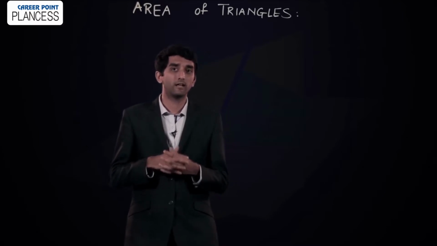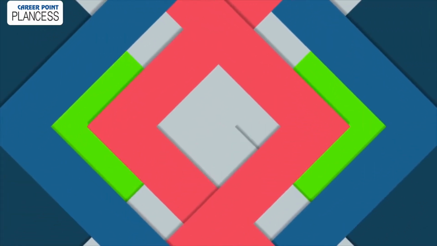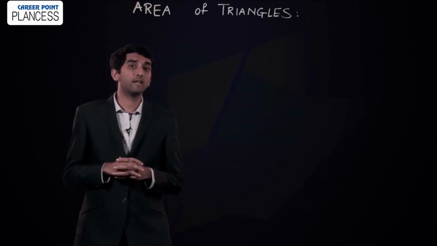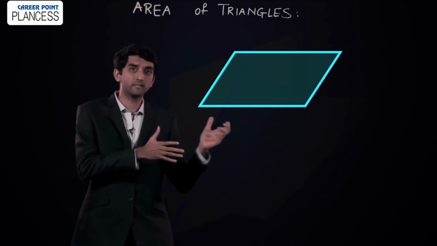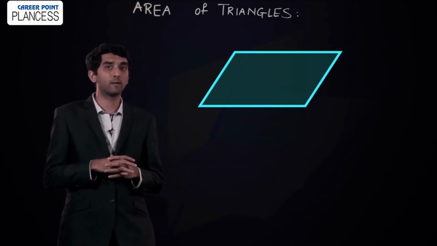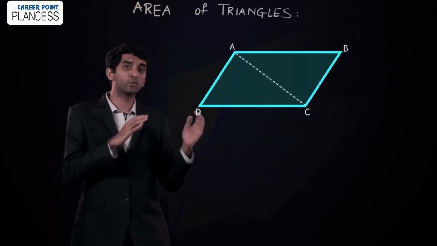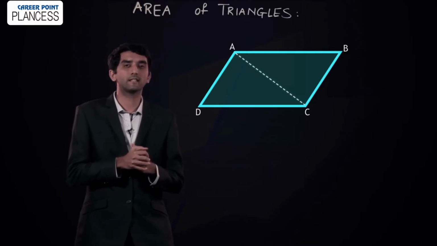Further, let's understand the same areas and a few theorems about parallelograms in general. So friends, as I said, now we will be talking about areas of a parallelogram. So imagine a parallelogram here. This parallelogram is parallelogram ABCD. Now, if I connect the two opposite vertices, as you can see, AC is the diagonal.